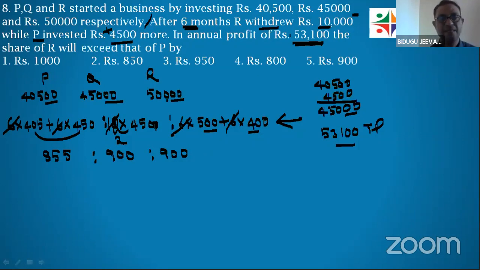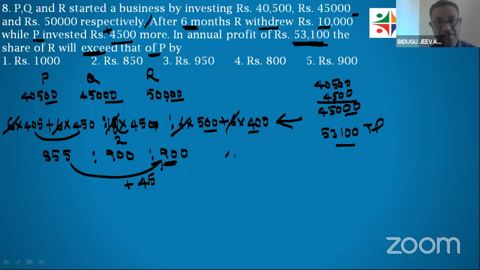Read the question. In the annual profit of 53100, the share of R will exceed that of P. If you apply the same sentence here, what is the share of R exceeding P? How much is more? 45 is more. Is it right? So 855 plus 45.